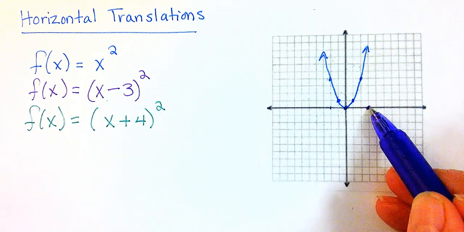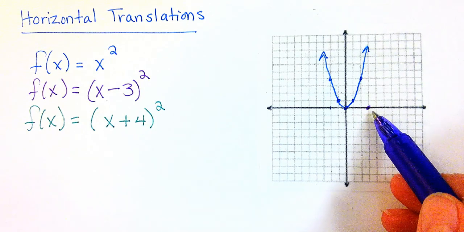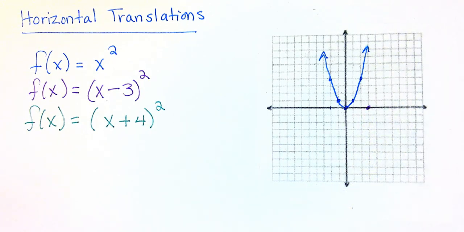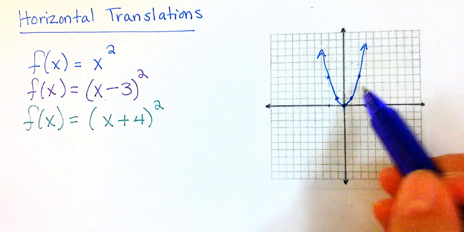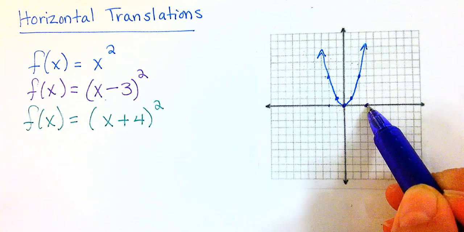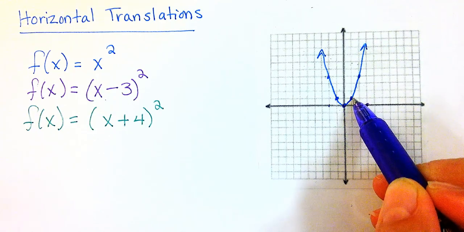So we can prove it by just plugging in some points, but we want to be able to graph these things easier. We don't want to have to plug in points. We want to be able to go, this is our parent function, this is what subtracting 3 inside does to that parent function. So if this is moving right 3, this is going to also move right 3.